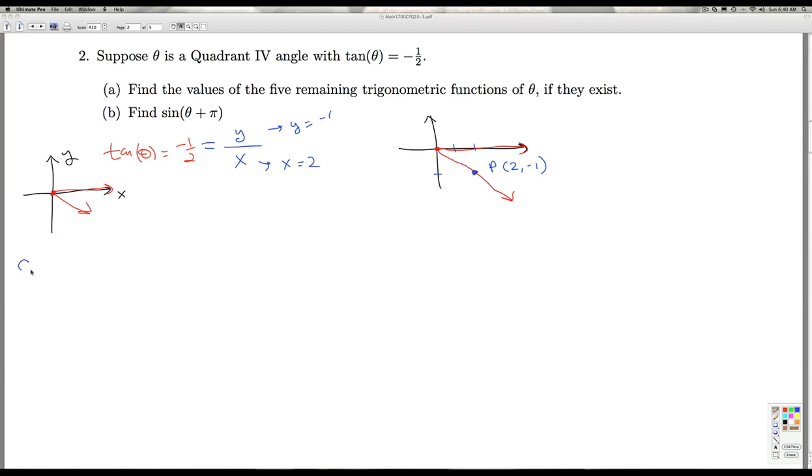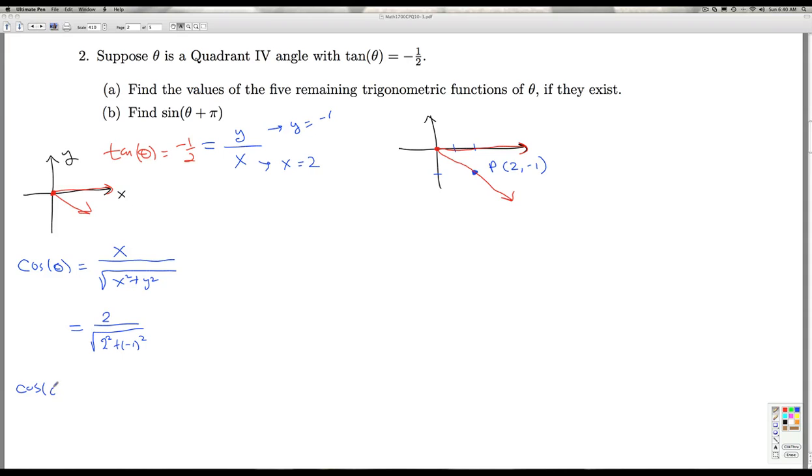I know that the cosine of theta is x divided by the square root of x squared plus y squared. So in this case, the x is 2 over the square root of 2 squared plus -1 squared.